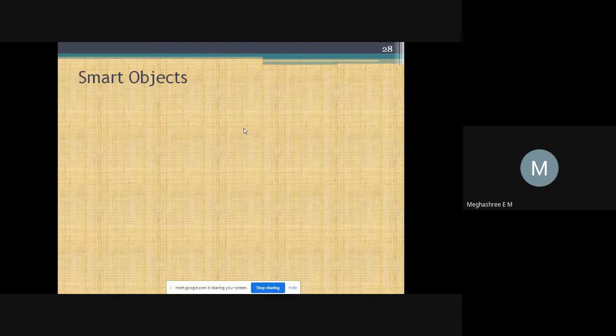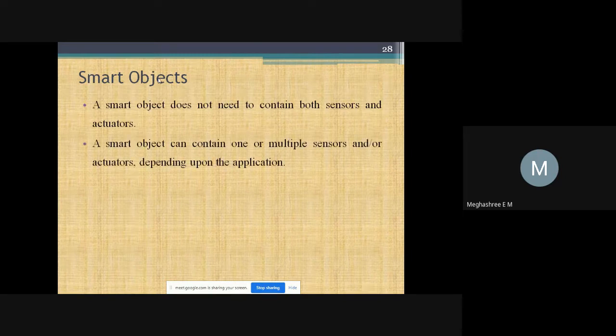After studying sensors and actuators, the next thing is smart objects. So what is a smart object? Sensors and actuators all together we call smart objects. Let's see a few points about this. A smart object can contain one or multiple sensors and/or actuators depending upon the application.